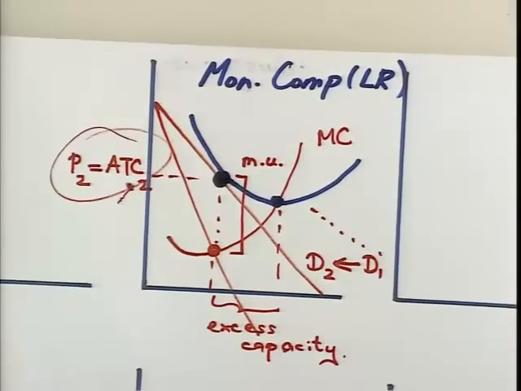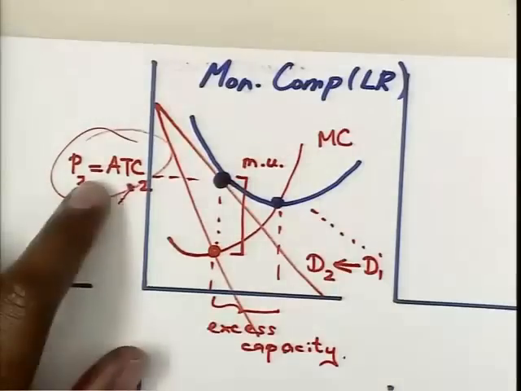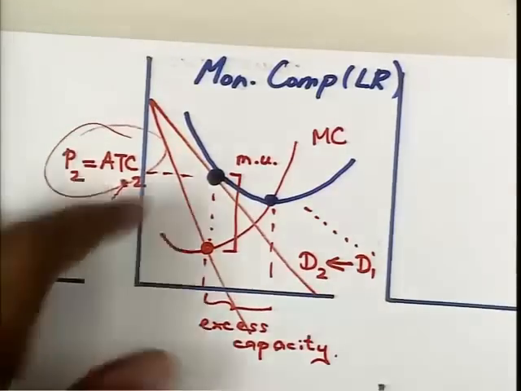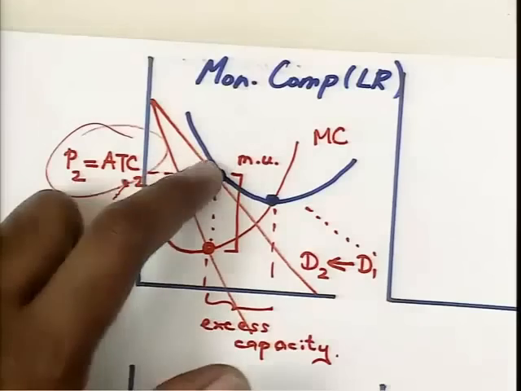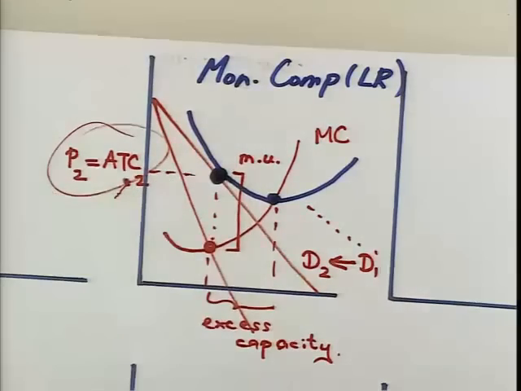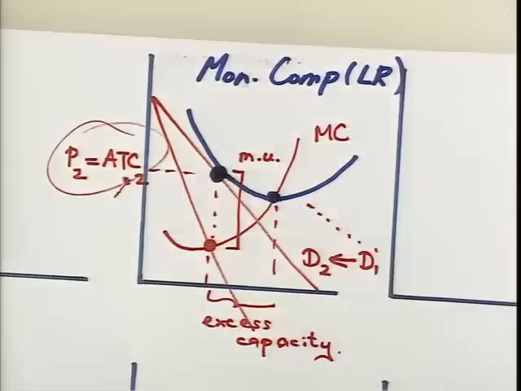There are similarities in that the price equals average cost in the long run, but in monopolistic competition, you do have a markup and you are not operating at minimum average cost.